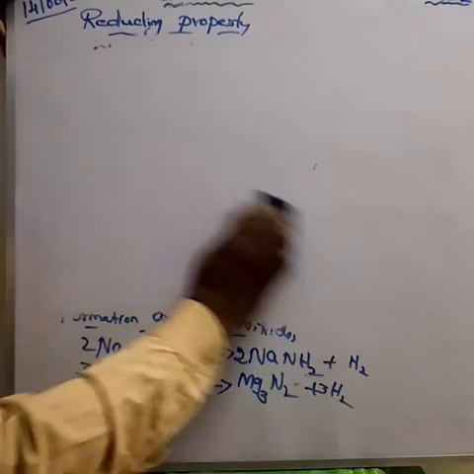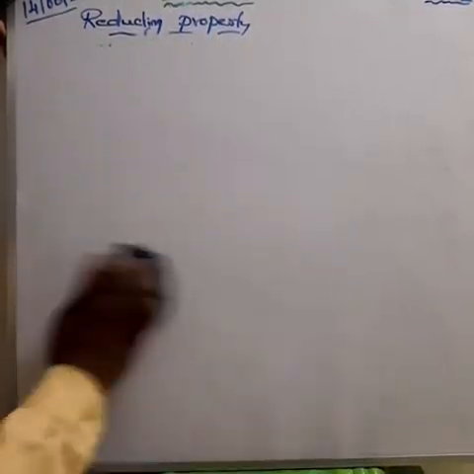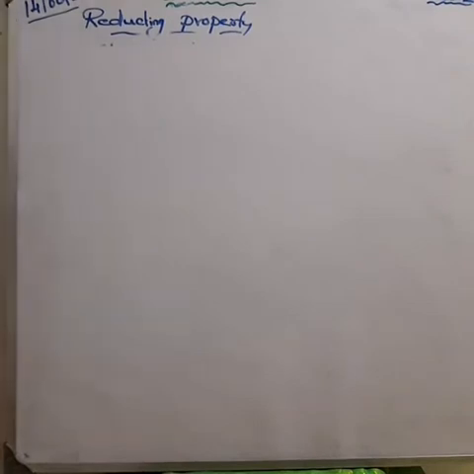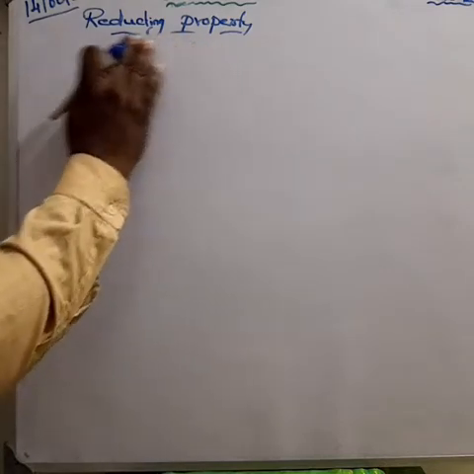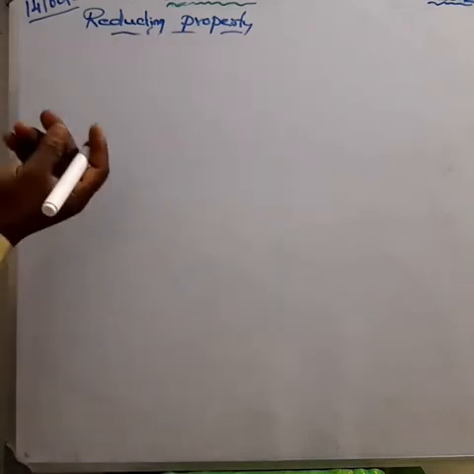Next, about metallic salt, one of the important questions. How does ammonia react with metallic salt? Here ammonia reacts with metallic salt. We get metal hydroxide.